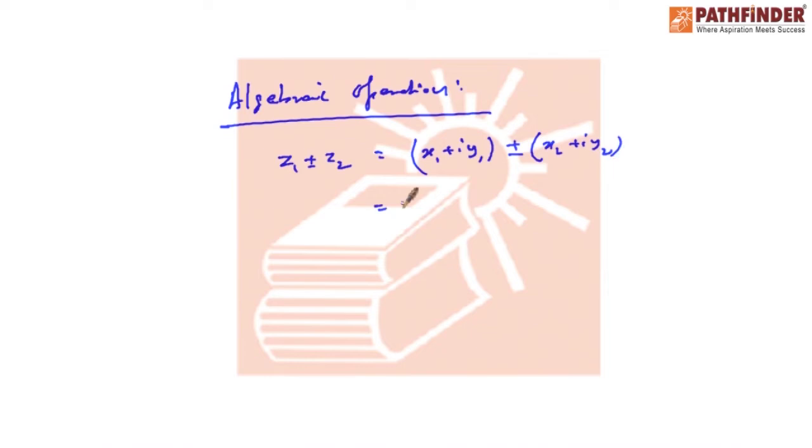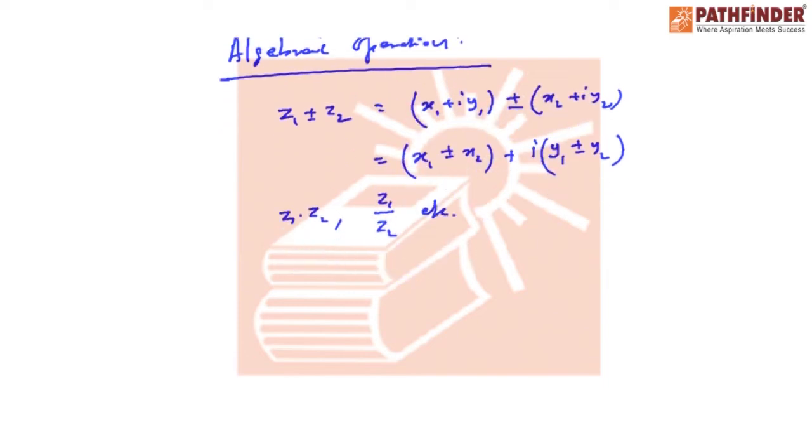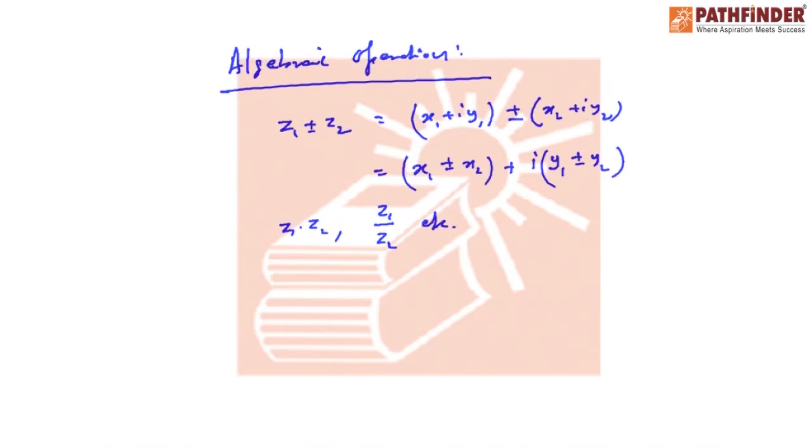Treating i as some other variable, we can write this as (x1 plus minus x2), the like terms taken together, plus i times (y1 plus minus y2). This is also a complex number, obviously. Similarly, z1 into z2, z1 by z2, etc. can also be evaluated using simple and basic rules of algebra. Mind you, z greater than 0 is a meaningless thing to say. z greater than 0 doesn't make any sense.